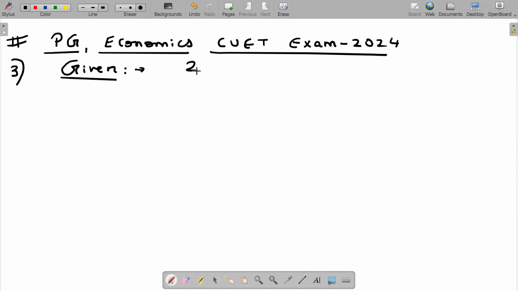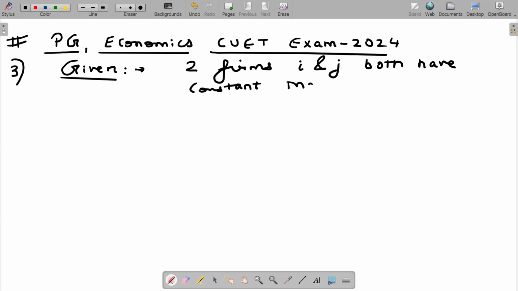Okay, two firms I and J both have constant marginal cost. Both have a constant marginal cost equal to C. Okay, and we are also given that it's a Bertrand model.